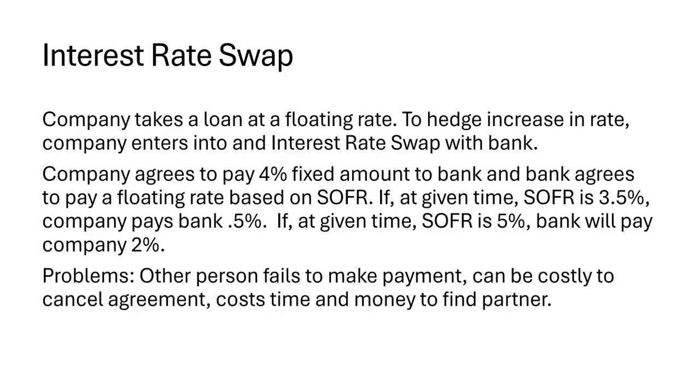If the rate falls to 3.5, then the bank makes money. If the interest rate goes up, then the company is protected and the bank pays the difference. So there is an advantage to doing this.